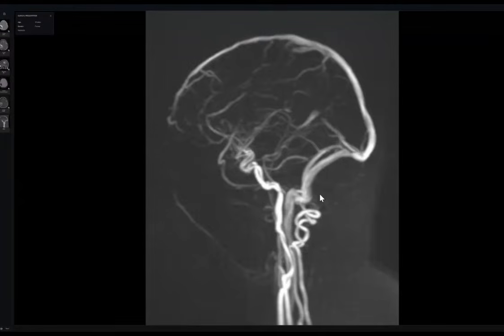I can see the superior sagittal sinus, but maybe the internal straight sinus is not visualized. You usually see the straight sinus. By the way, the straight sinus is visualized. This is a straight sinus. So which structure didn't you see?